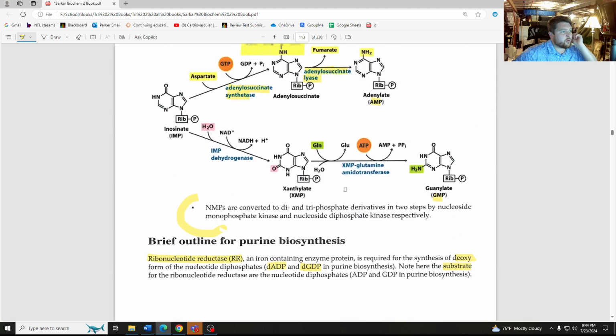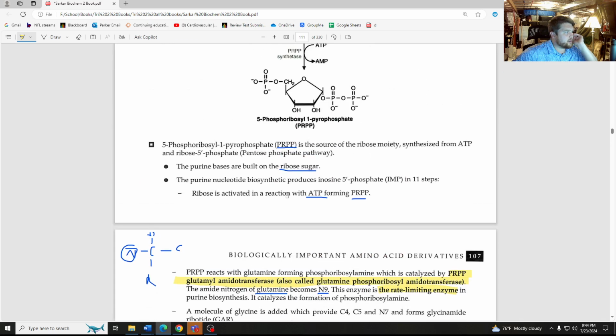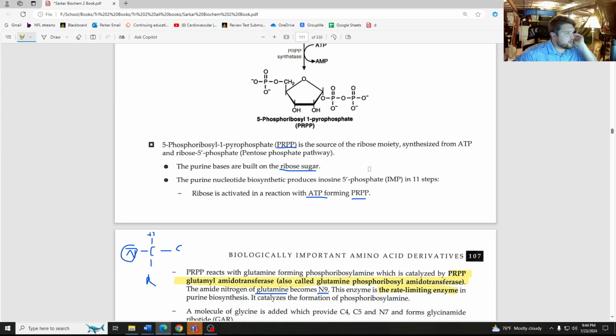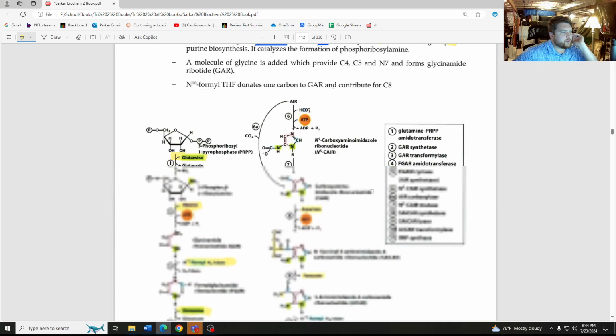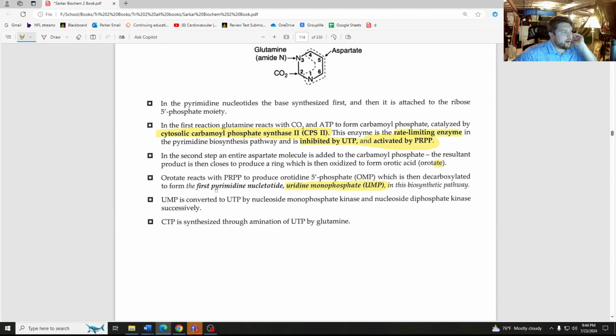The original purine was the IMP, the inosine 5-phosphate. And then the original pyrimidine is the uridine monophosphate. Okay?